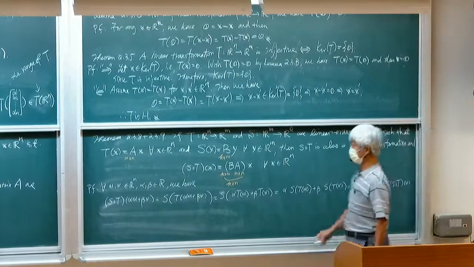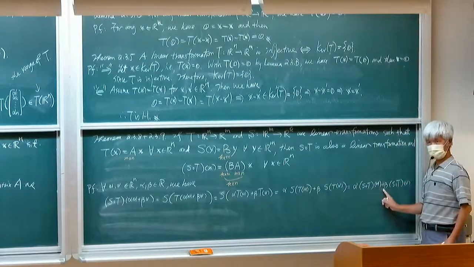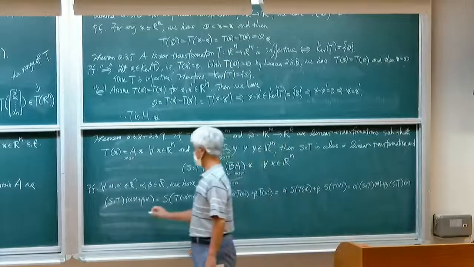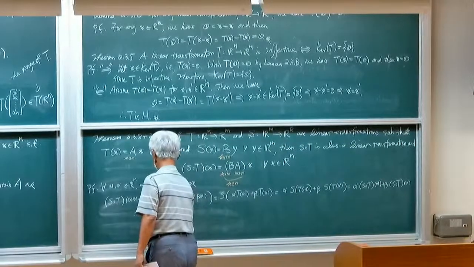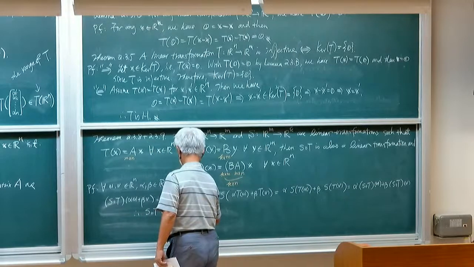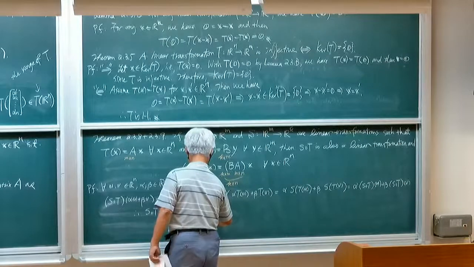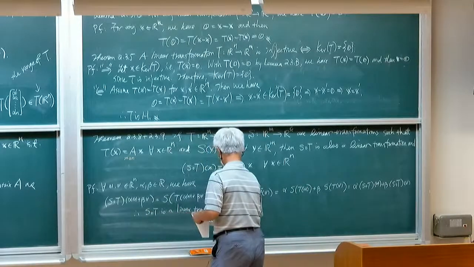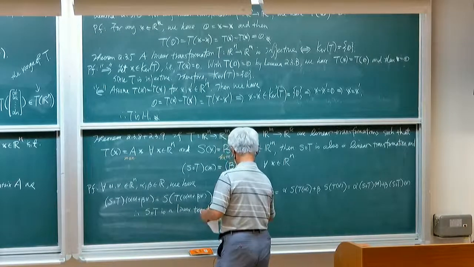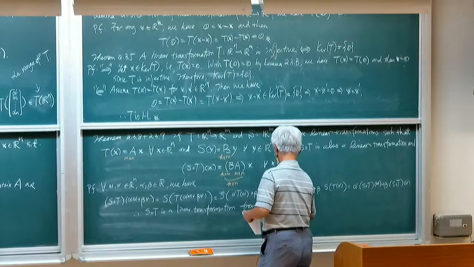So again, we preserve the format of linear combination. So this shows that it's a linear transformation from Rn to Rk.